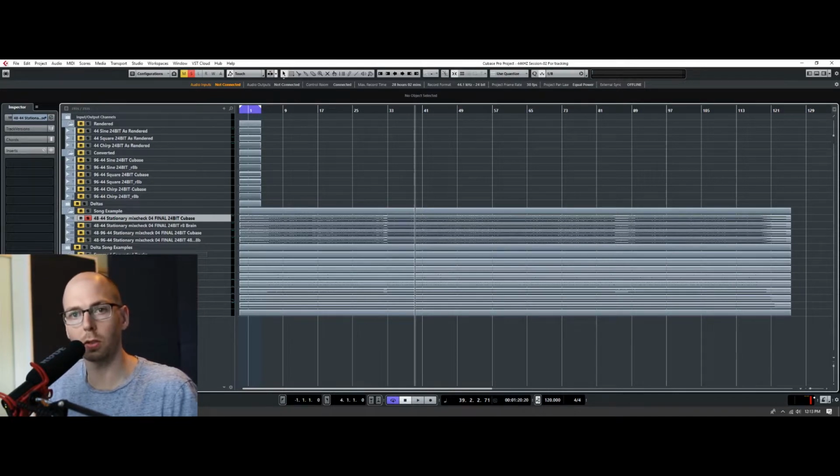I'm using Cubase for this example, and then also a free one by Voxengo called R8Brain. It has been highly regarded as an awesome sample rate conversion algorithm. So we're going to dive in deep, look at how they both affect the quality of the audio, and end this discussion once and for all.